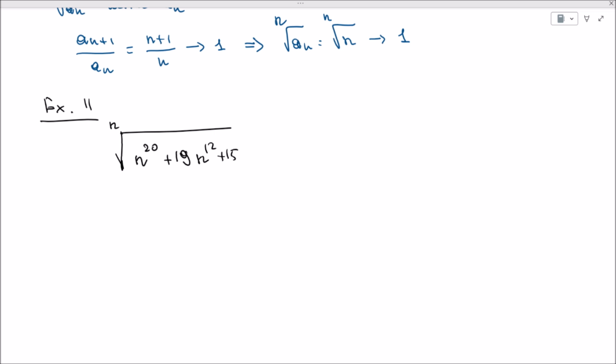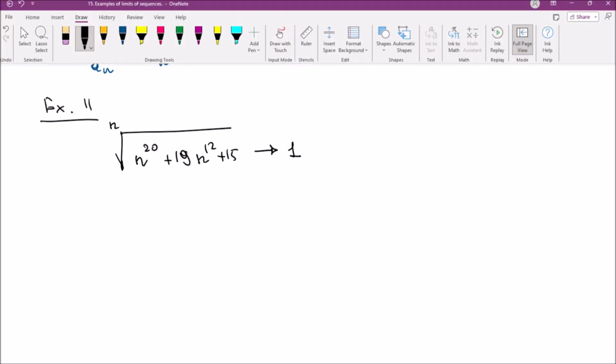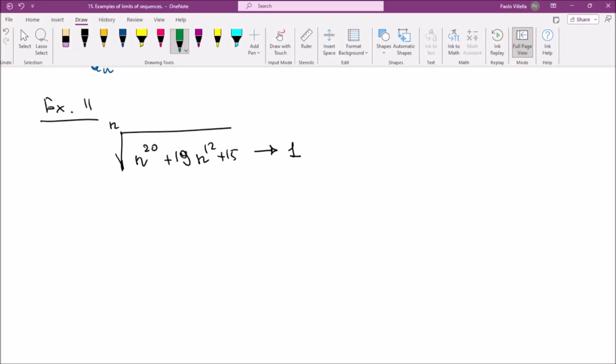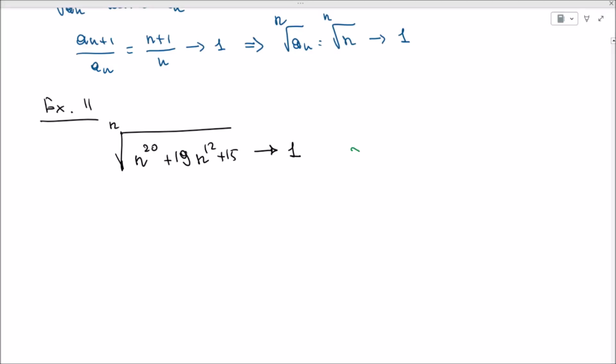And also in this case we can say that this will tend to 1. Now, a brutal way of seeing this is by approximating the term under the nth root with its leading term.